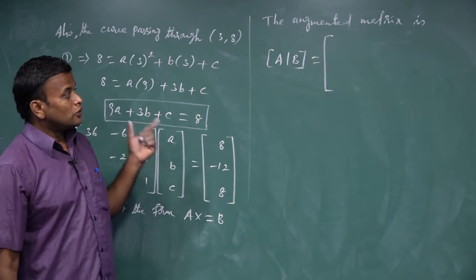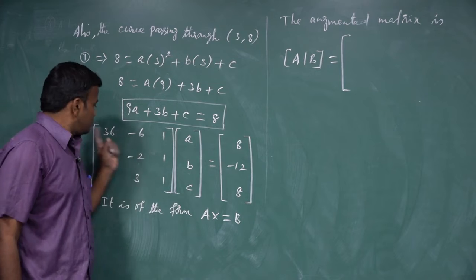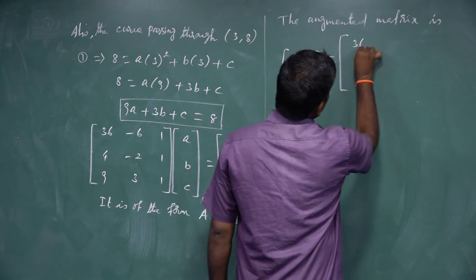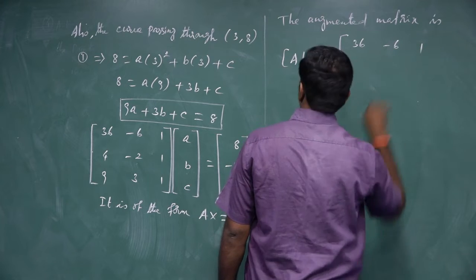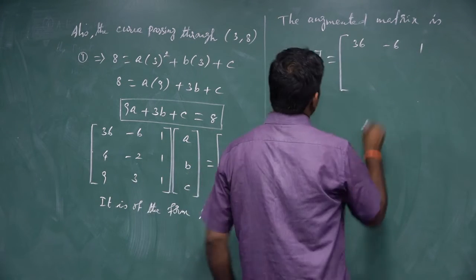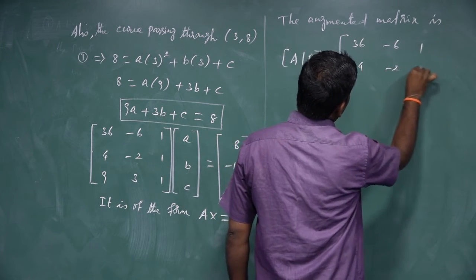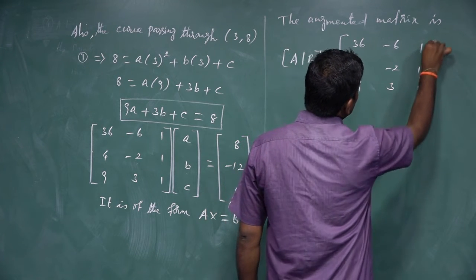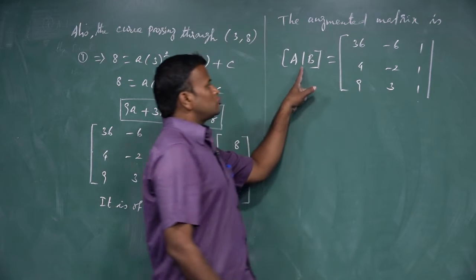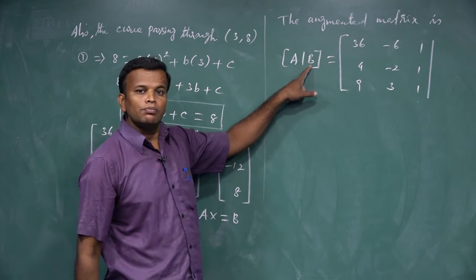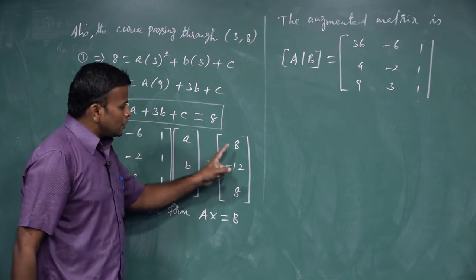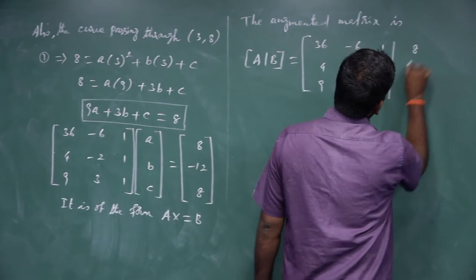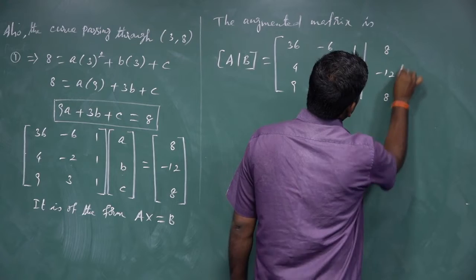Now what are the values of the matrix A? First row 36, minus 6, 1. Second row 4, minus 2, 1. Third row 9, 3, 1. It is extended by the matrix B, whose values are 8, minus 12, 8.